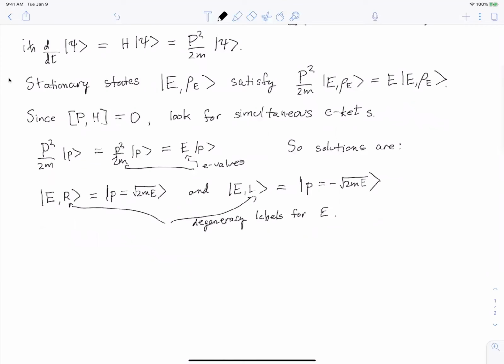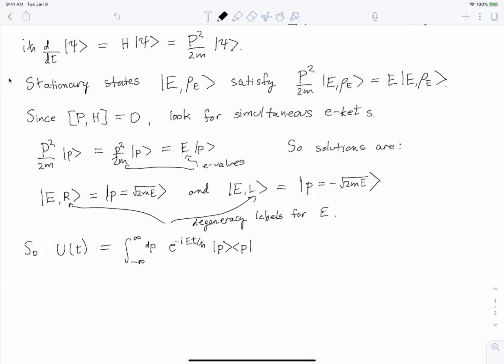Now we can go ahead and construct our unitary operator for a free particle. U of t is equal to the integral from minus infinity to infinity dp of e to the minus iEt over h bar, times |p><p|. I'm using p here because that way I don't have to worry about the degeneracy. The momentum eigenstates are also energy eigenstates, but they're not degenerate.